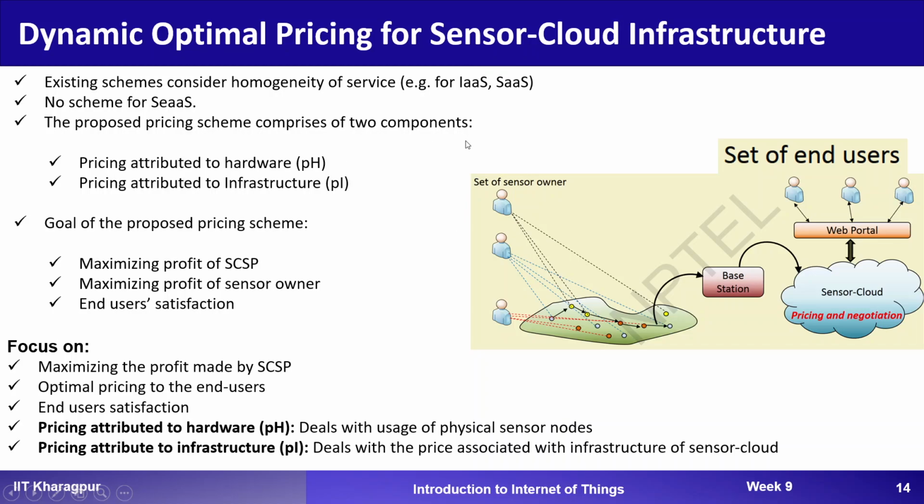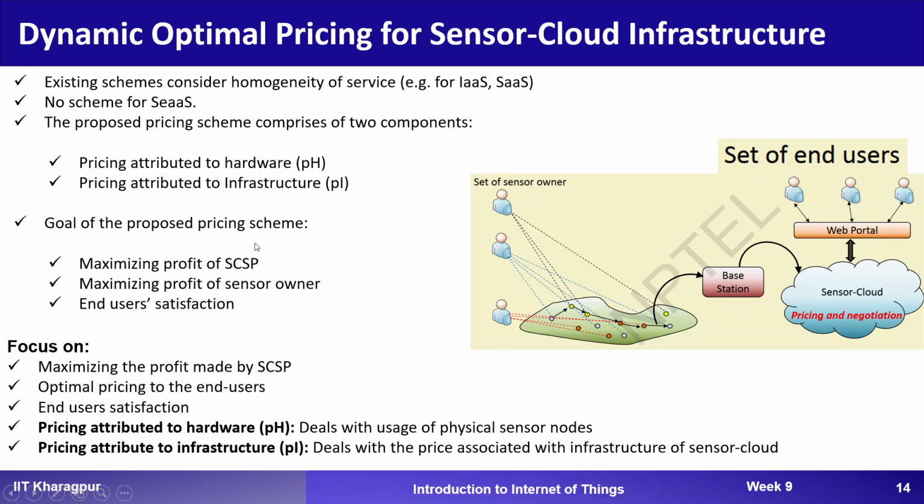This proposed scheme has basically two components. The first one is pricing attributed to your hardware, and the second is pricing attributed to your infrastructure. The pricing attributed to hardware deals with the usage of your physical sensor node. However, the pricing attributed to infrastructure is associated with the infrastructure that we are using, for example, the routers or the gateways which we are using to make the connection between your end devices and your sensor cloud. Now, what is the goal of proposing this pricing scheme?